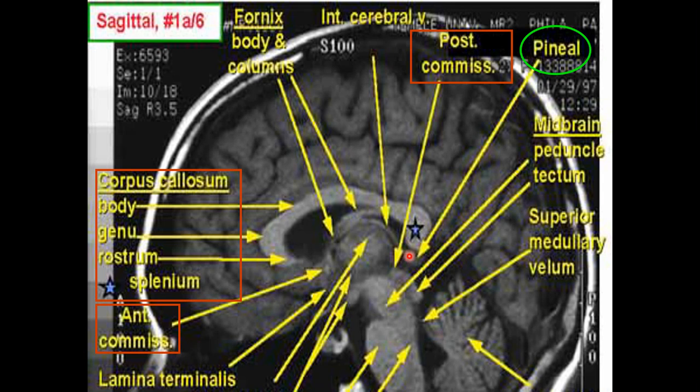The superior and anterior: the habenular commissure. Here we have the habenular commissure, which is a very tiny bundle, not easily seen, while posterior and inferior is the posterior commissure.